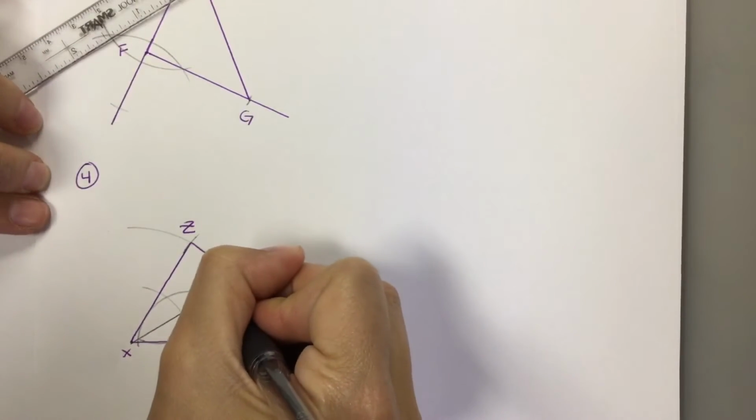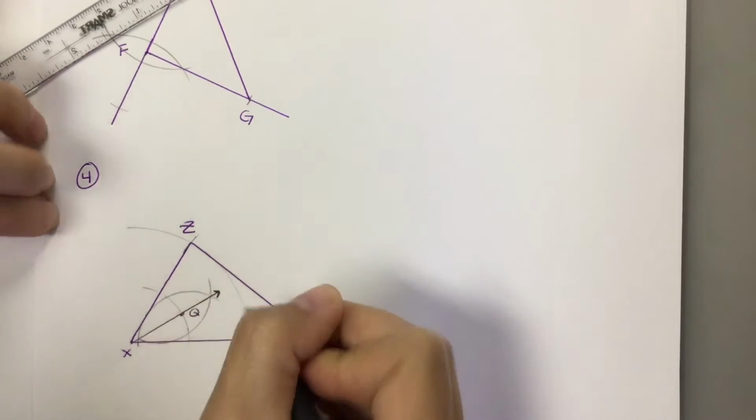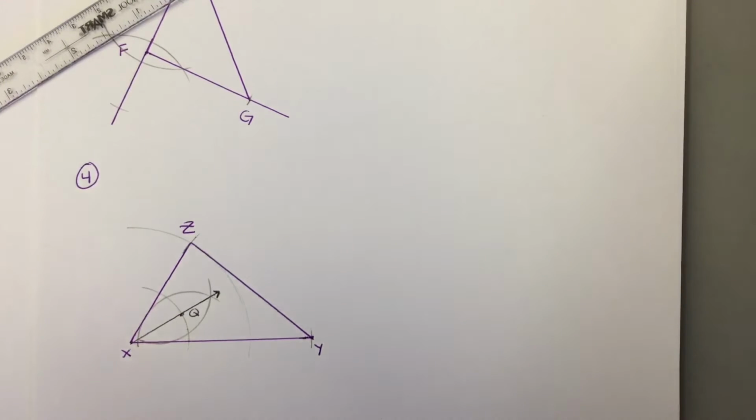And we want it to be a ray, starts at X and goes through point Q. So we have the ray XQ, that's part A.